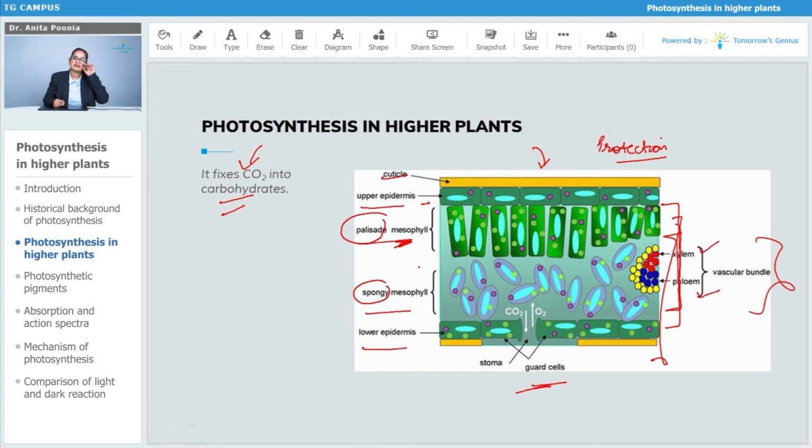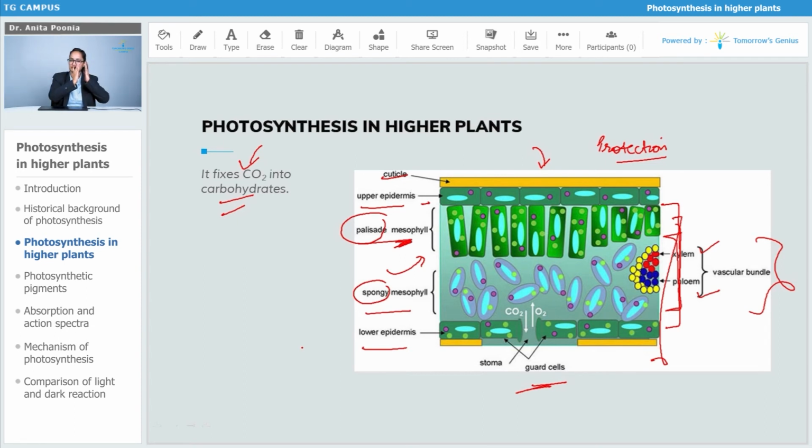And you can see how much chlorophyll or chloroplast is accommodated in the palisade cells. Students, there is also a reason why these palisade cells are vertically placed: if we place them vertically, we'll be able to accommodate more of them in number. And as you know, palisade cells have more chloroplast, so more exposure.